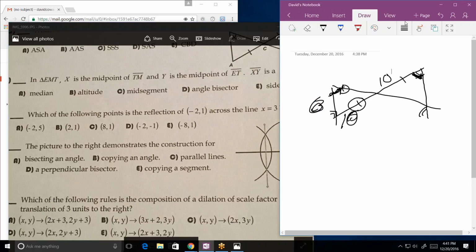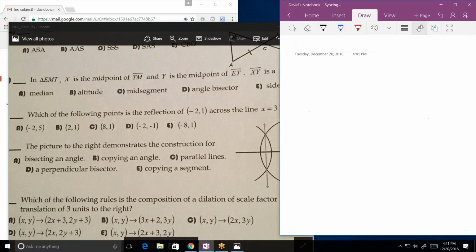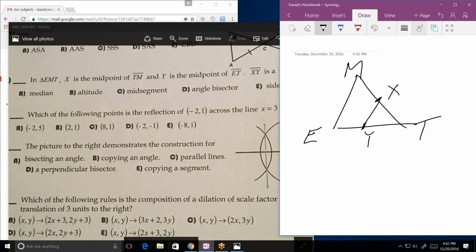I was going to say the only way I would know how to answer it is also to draw it out. If I have triangle E, M, T... Oh no, I didn't even need to draw it out. X is the midpoint of TM, Y is the midpoint of ET, and XY has to be a midsegment, yes.